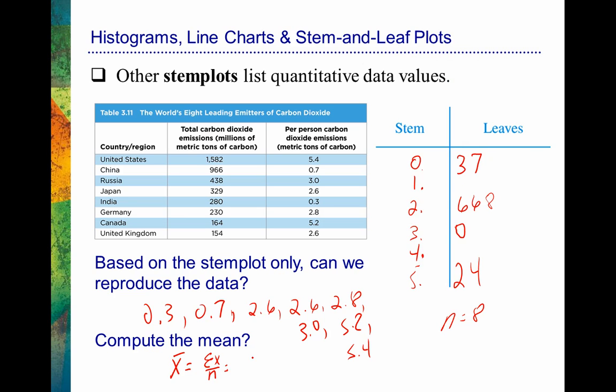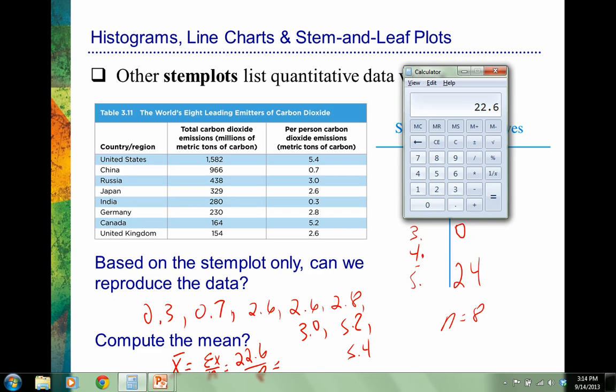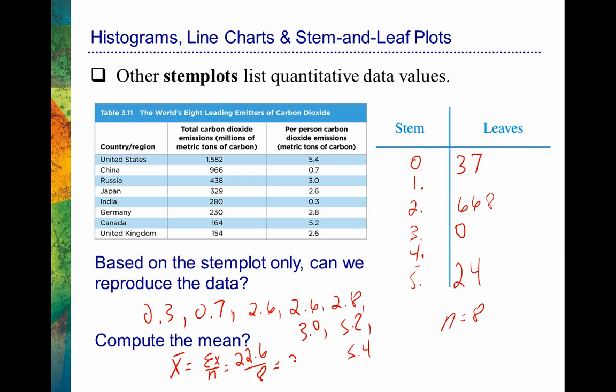Okay, so back here we've got 22.6 divided by 8. Let's go ahead and compute that real quickly. 22.6 is already in my calculator. I'm sorry, I hit the escape key. 22.6 divided by 8 equals 2.825. So we'll just round that for now to 2 decimal places, 2.83. So this equals 2.83. So that's the average carbon emissions for these countries.